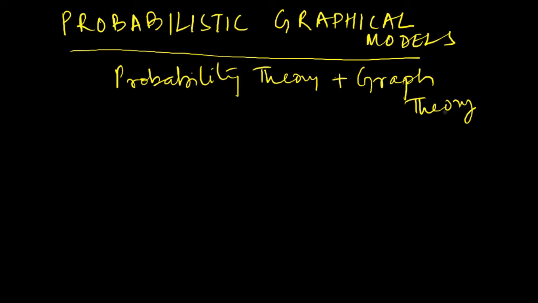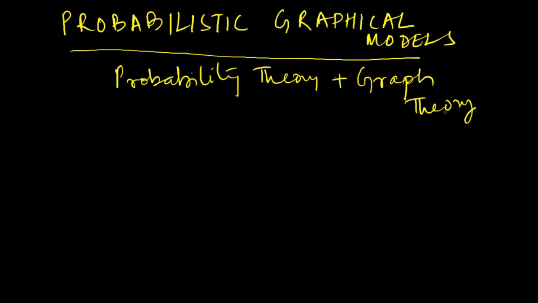So both probability theory and graph theory are used in many areas of science and engineering to model real life phenomena. And this particular class of machine learning models brings together the power of these two independent mathematical theories.